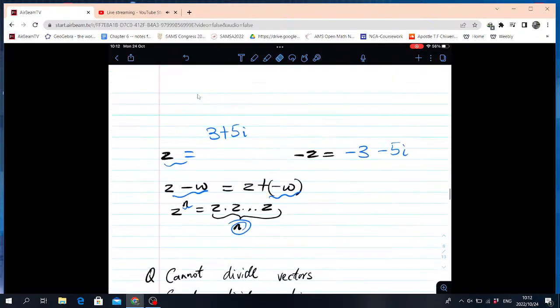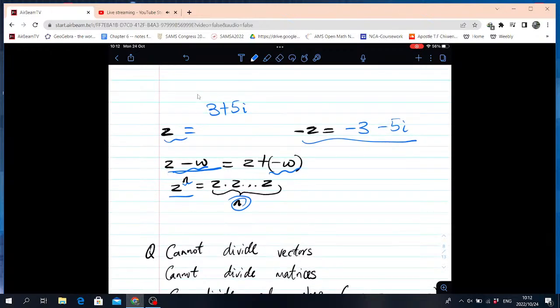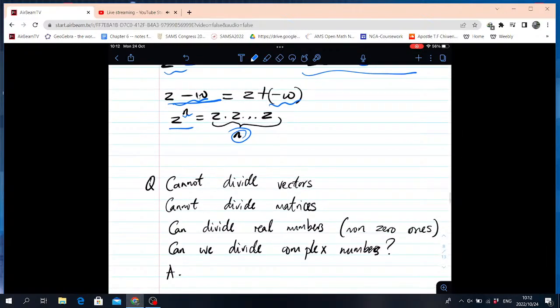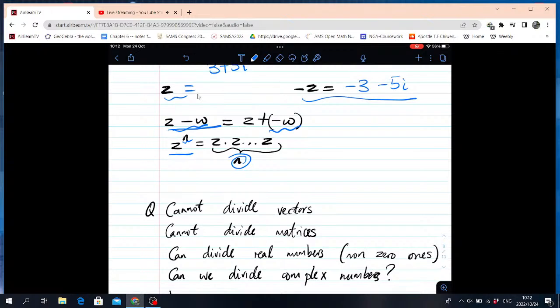Right. So we've got some notations and conventions: what is minus Z, what is Z minus W. Now let's get into division of complex numbers. We know that we cannot divide vectors. If you remember when we looked at vectors, we didn't define division of vectors.